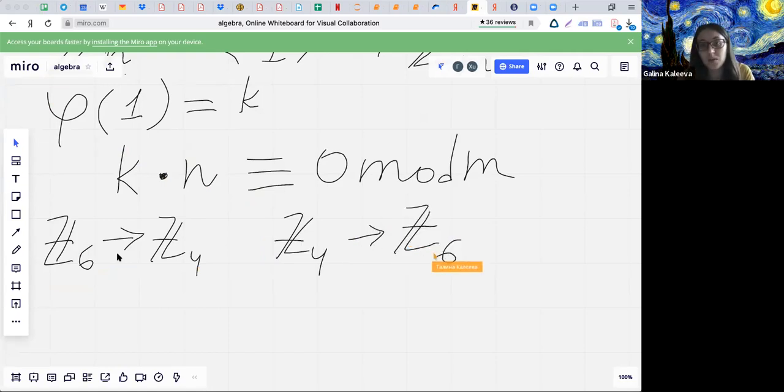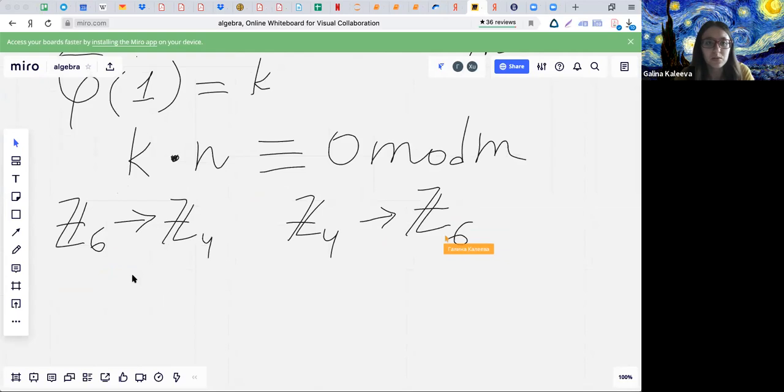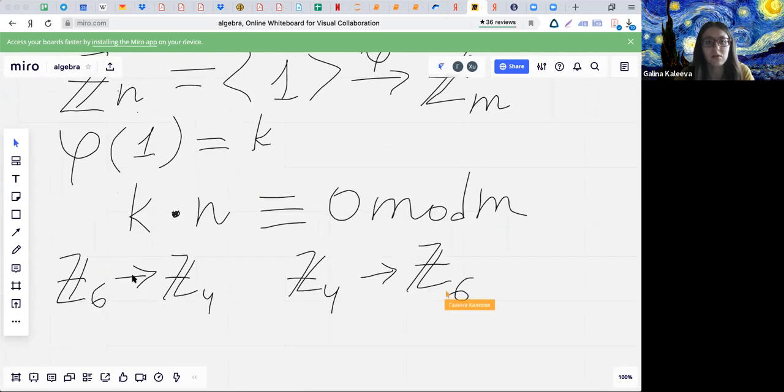How can we describe all the homomorphisms using our rule? Who can name all of them? Any volunteers?